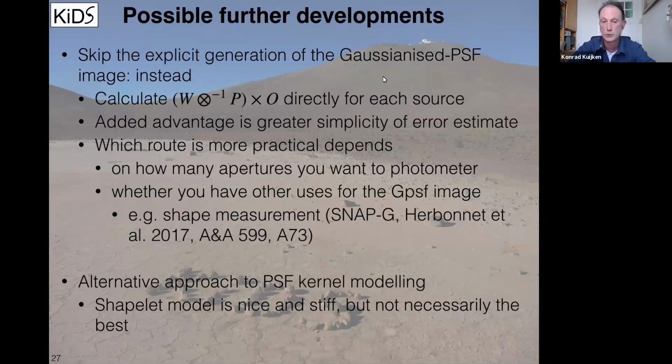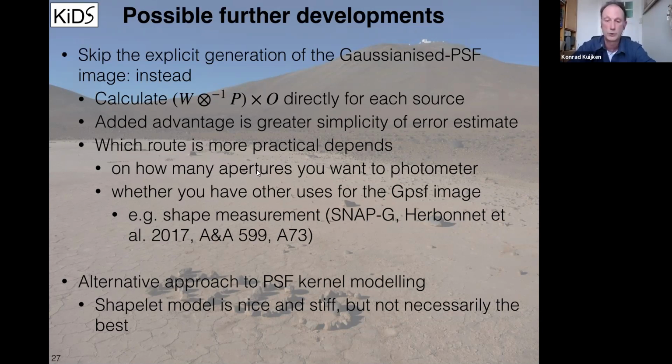In principle, you can write this all directly as some very complicated aperture function and apply it directly to each source, which in some circumstances might be more convenient, in other circumstances it might not. Certainly, it gives a much simpler error estimate, because you're simply computing an aperture function over the observed pixels, which are largely uncorrelated.